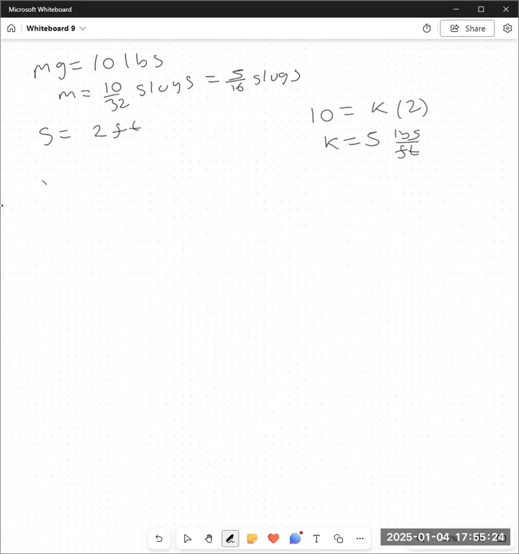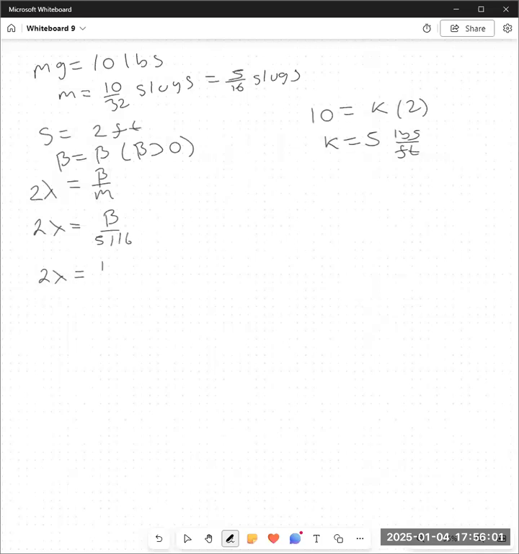And lambda is going to be equal to, well, 2 lambda is B over M. They just tell us that beta is equal to itself here, where beta has to be a positive number. So this is going to be beta over 5/16. So 2 lambda is equal to 16 beta over 5.